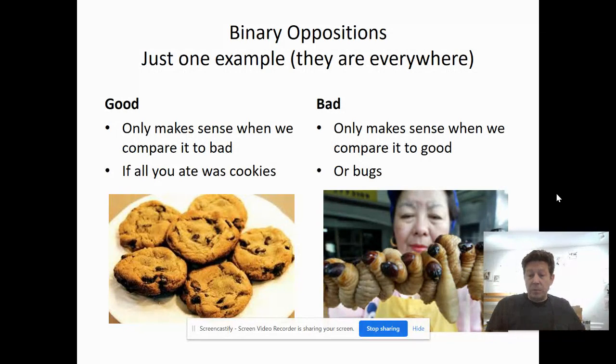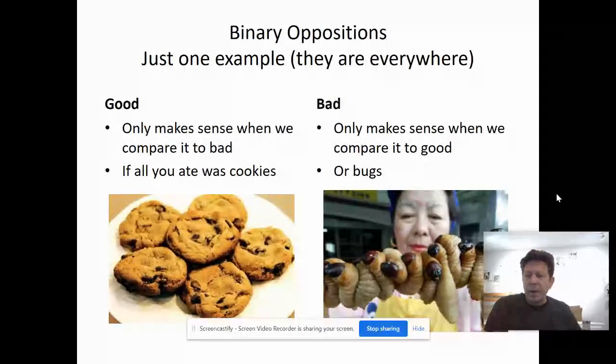Say, for example, you were fed cookies your entire life. What a great life that would be, right? However, over the course of time, you might develop a preference for one kind of cookie over another, and therefore, you might think that these are really good cookies, chocolate chip, and these are really bad cookies, Oreos, let's say.